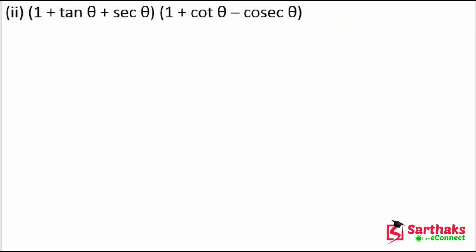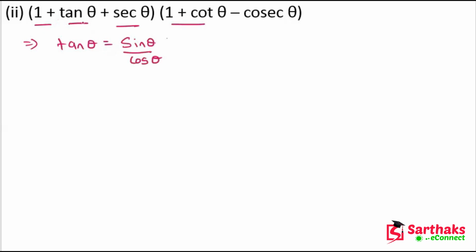Now the second question is 1 plus tan theta plus sec theta into 1 plus cot theta minus cosec theta. Now we have to solve this. First of all, we know that tan theta is equal to sin theta upon cos theta.